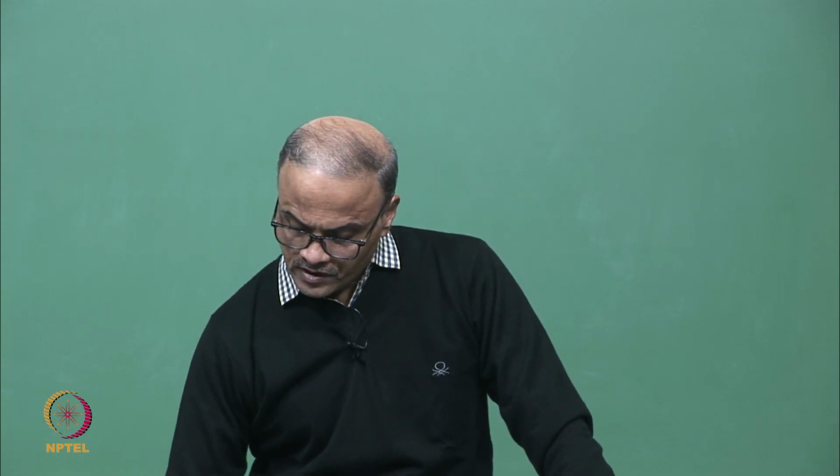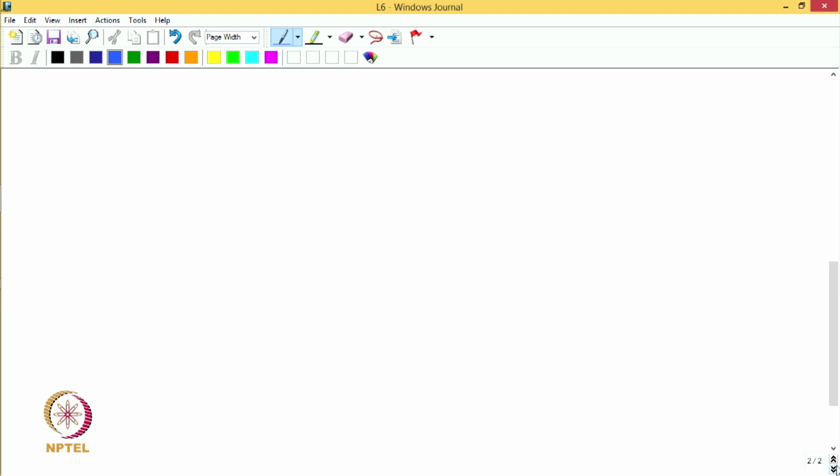So, what we see is that now we have the matrices M and K. These two matrices basically govern and characterize the equation, and we see that these two matrices are symmetric.